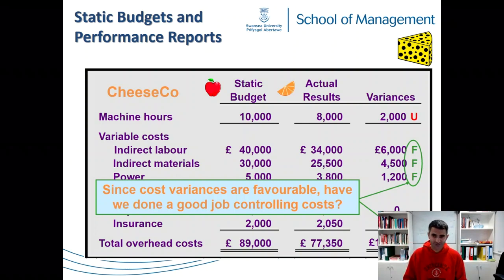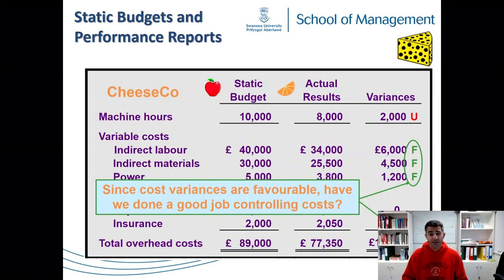In my opinion, we haven't. At least we haven't by 11,650. It could be a small amount. Why? Because look, the activity level is 8,000. So of course, as a result, we will have less cost, and of course, as a result, we have favorable.